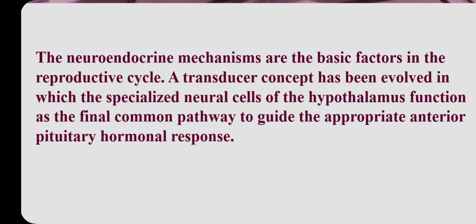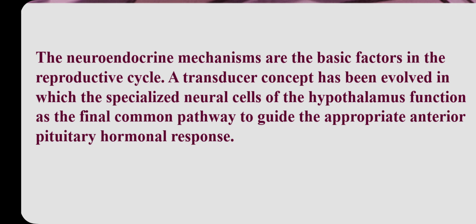That means the hypothalamus secretes certain inhibiting or releasing factors, which have a direct impact on the stimulation of the pituitary. Here the anterior pituitary is mainly involved. So this acts as a transducer.